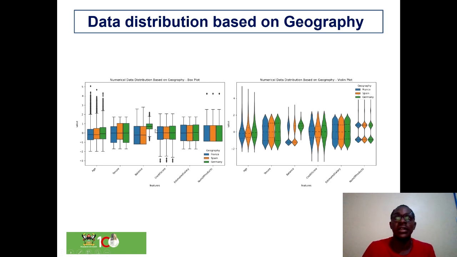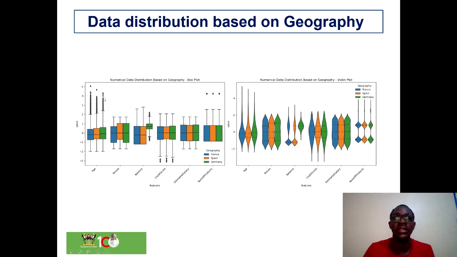And then we also did the same thing with geography again to get an idea of what the data distribution is across the entire data set based on geography, and it's the same idea. We see that the distribution for the different categories, i.e. the countries, is somewhat balanced.